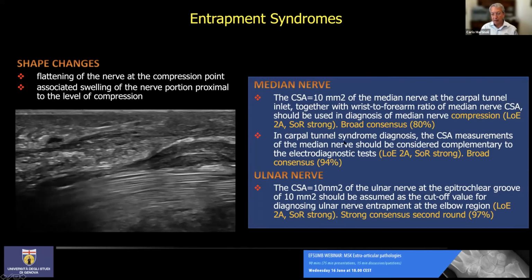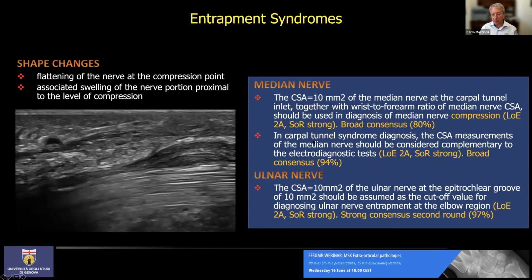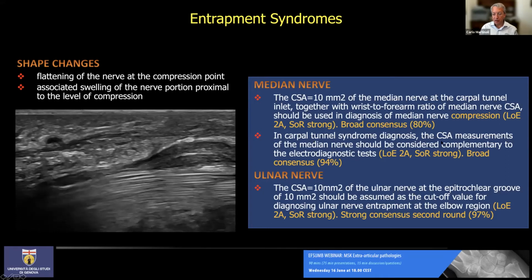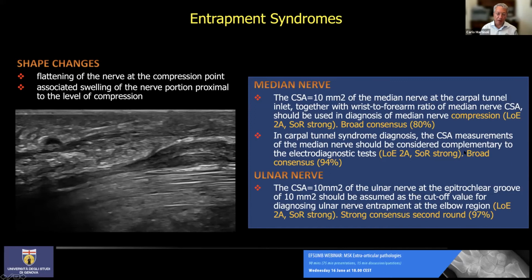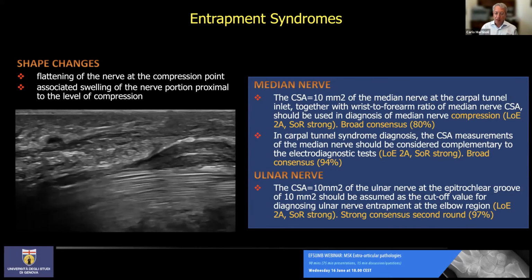At the same time, for the diagnosis of carpal tunnel syndrome, the cross-sectional area measurement should be considered complementary to the electrodiagnostic tests.